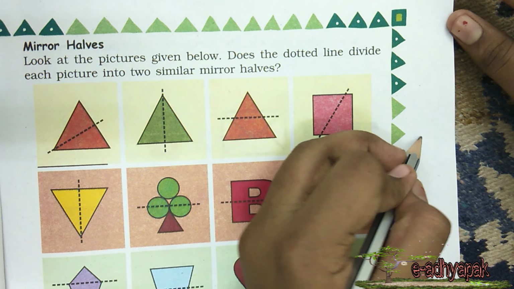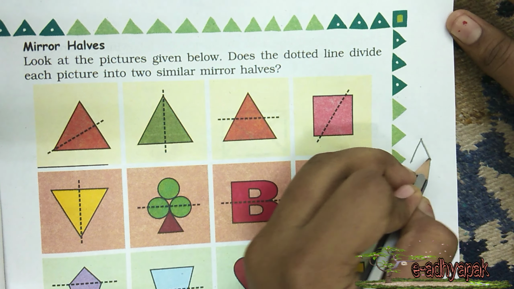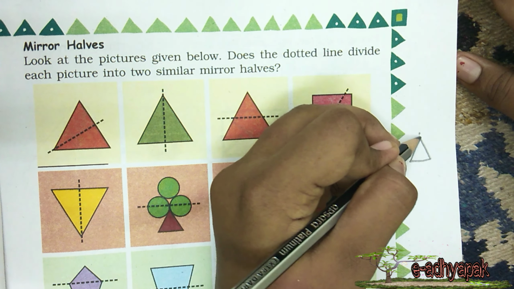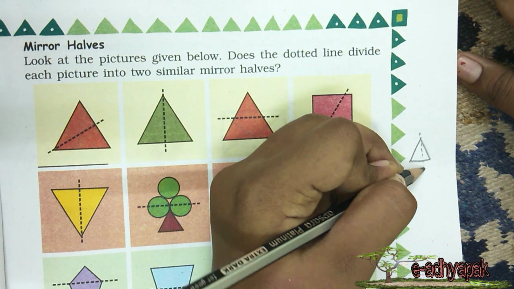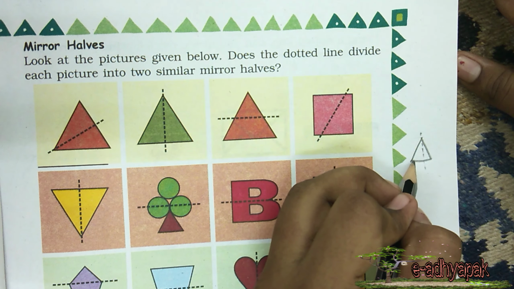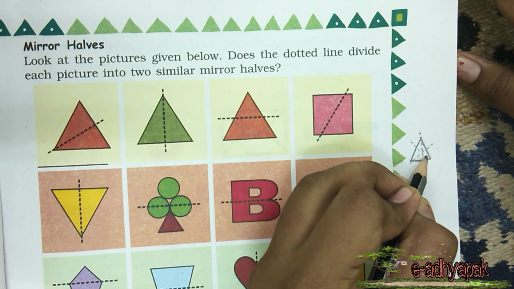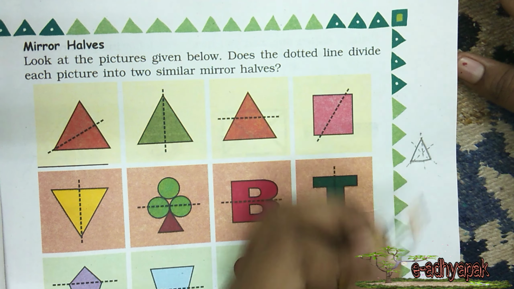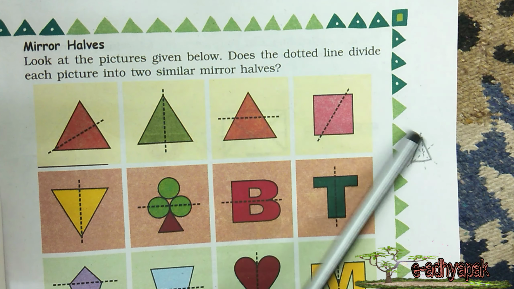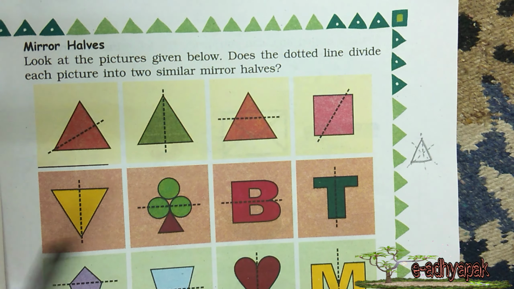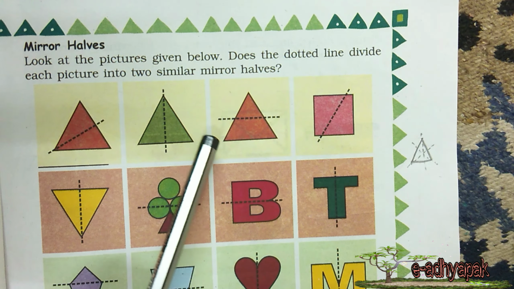So if you take a triangle like this, you can cut it like this, or you can cut it like this, or like this. So it has so many mirror halves. You can make it like this, or like this, or like this. So the same thing they have shown here.